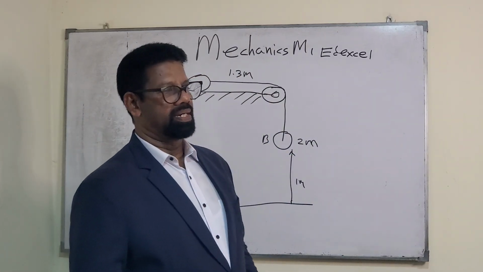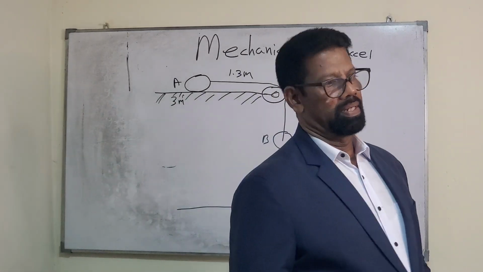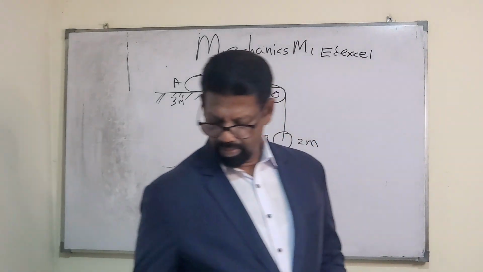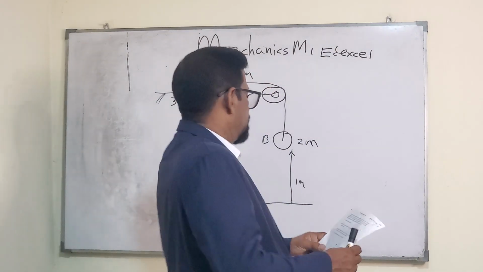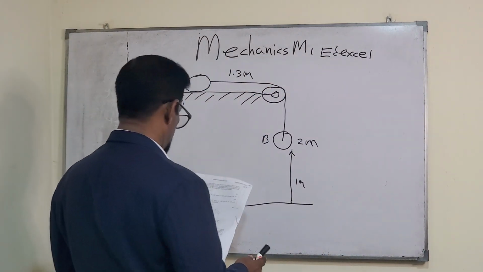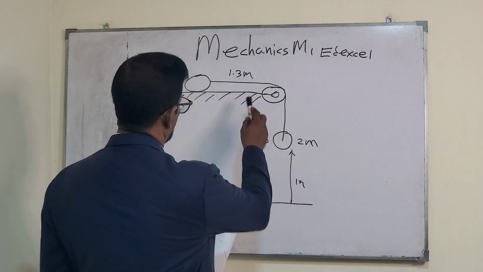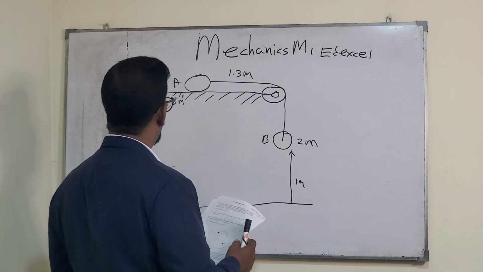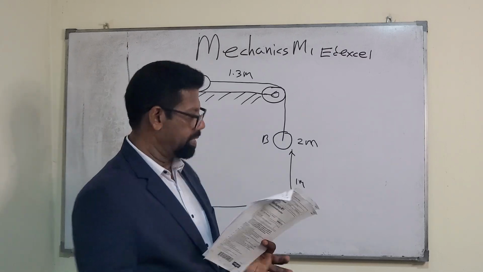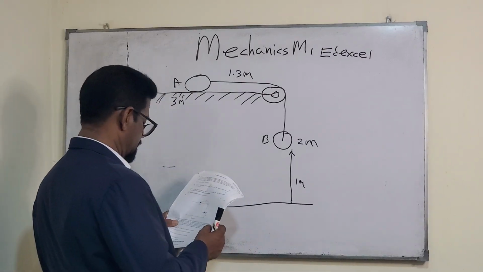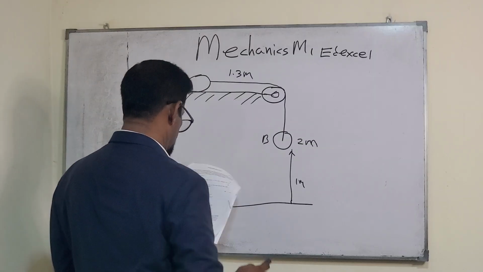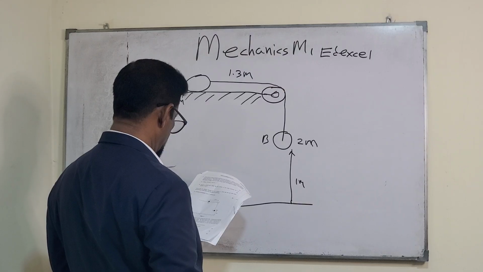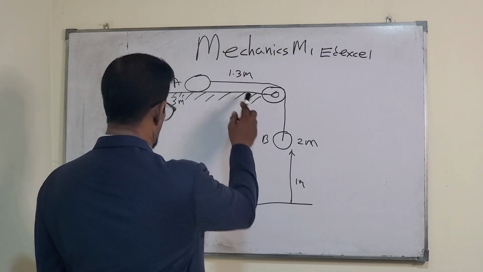Today we are going to discuss an Edexcel Advanced Level Mechanics M1 paper, a very important sum. In this diagram, a particle A of mass 3m is held at rest on a rough horizontal table. The particle is attached to one end of a light inextensible string.